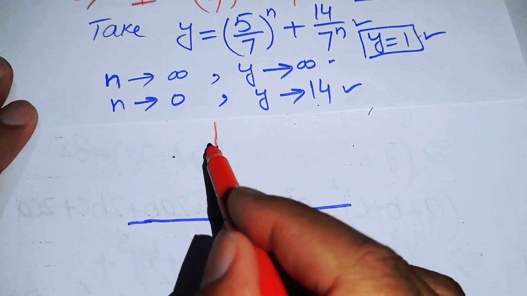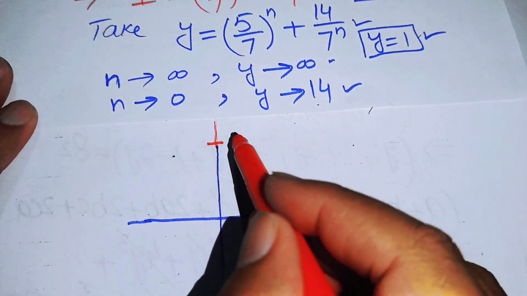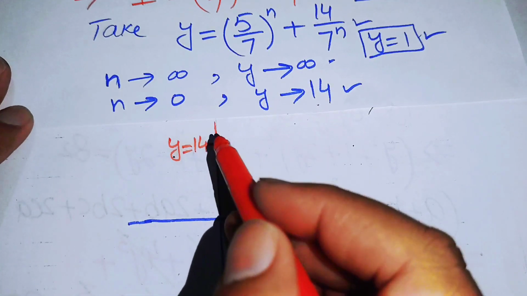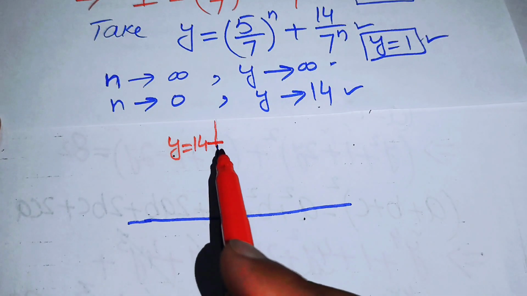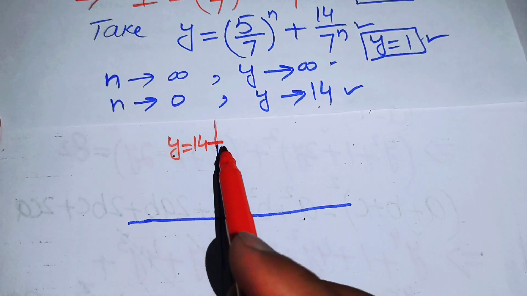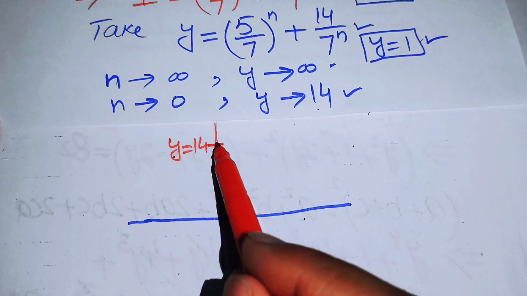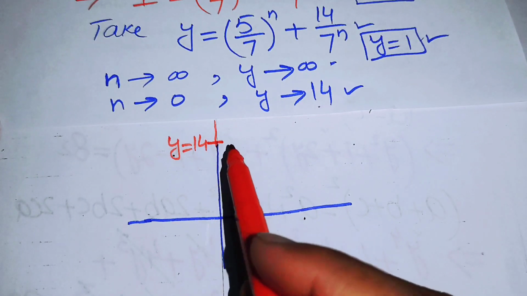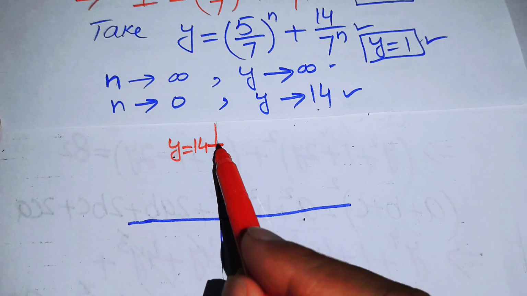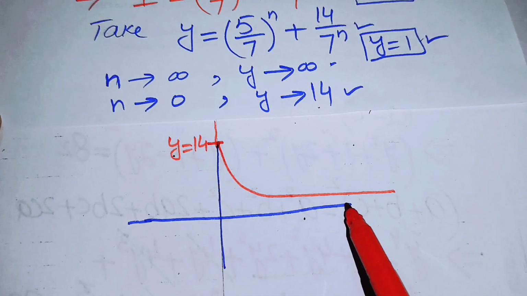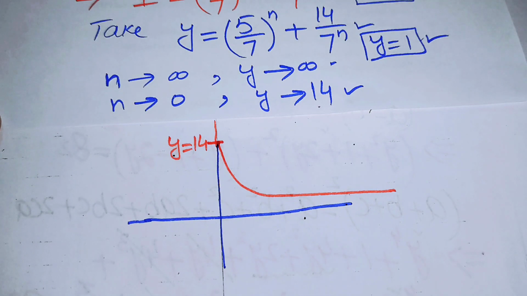Suppose this is the point where y is equal to 14, because our function is decreasing infinitely. So it will start here, and you just write that it looks like this, and it goes on infinitely.